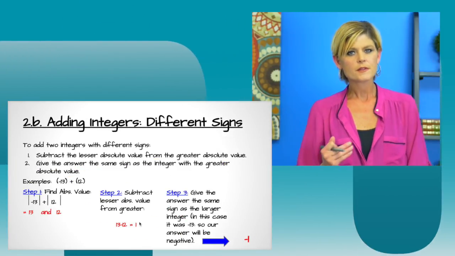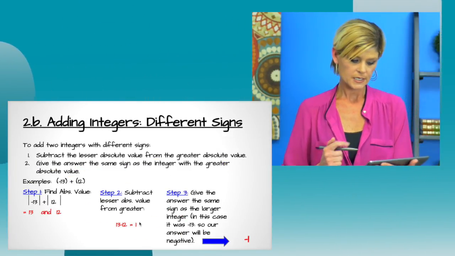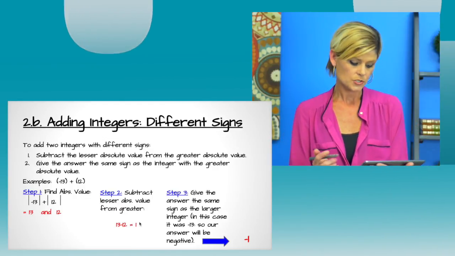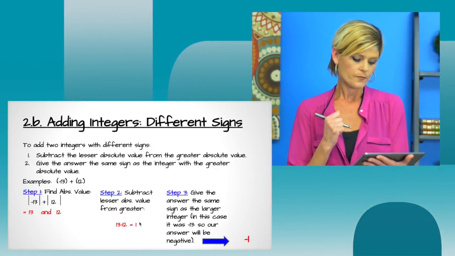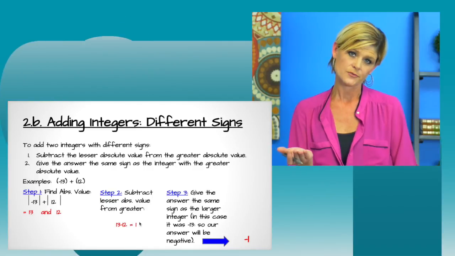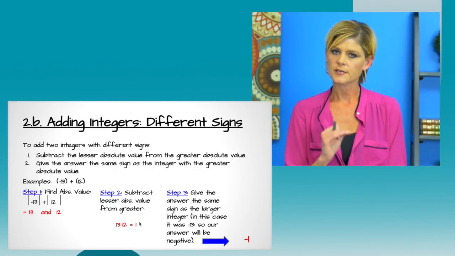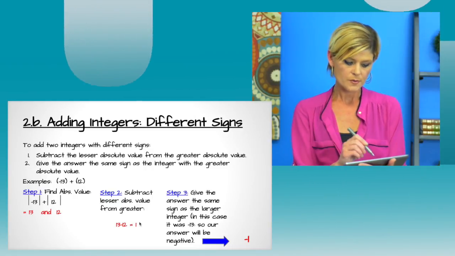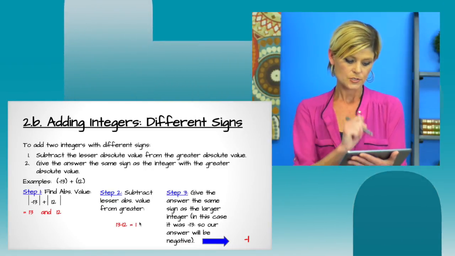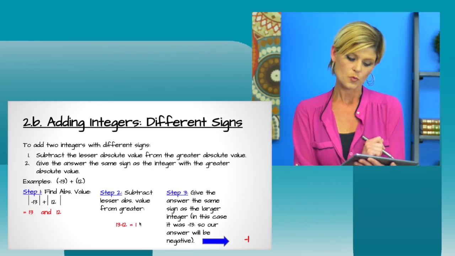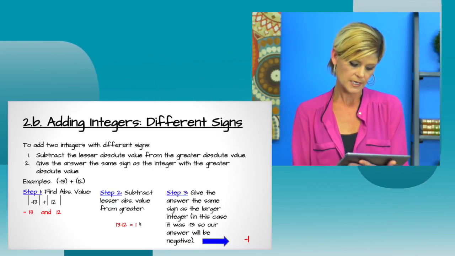Maybe the most confusing or complicated way of adding integers comes when you have two integers that have different signs. But relax, it doesn't have to be scary or difficult. You just have to remember that you follow 3 simple steps when you want to add integers with different signs.